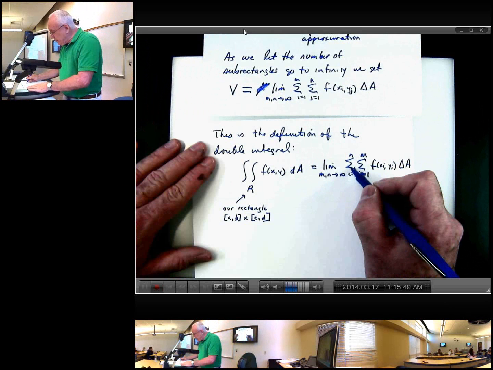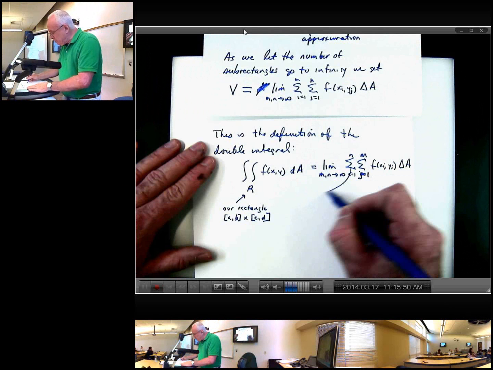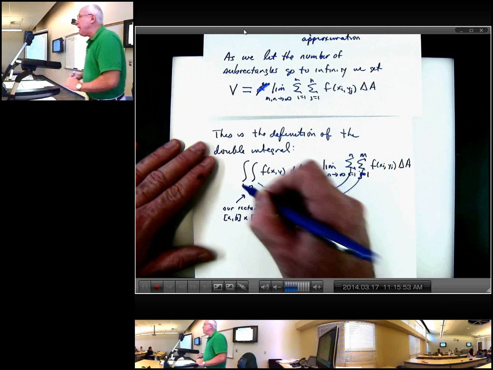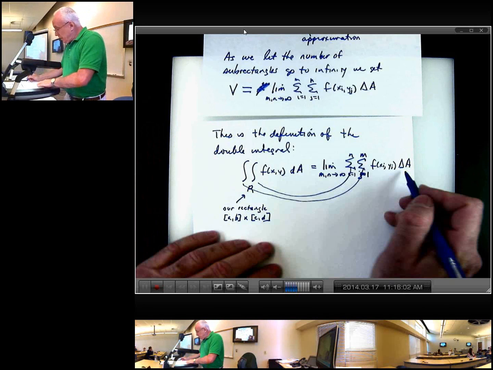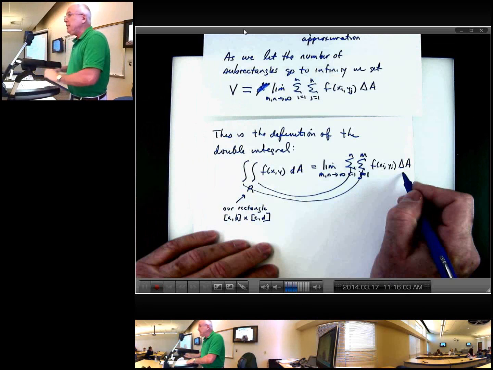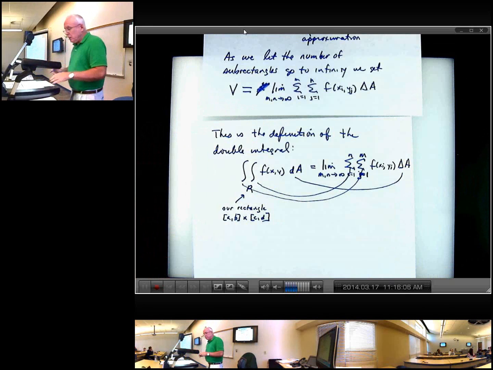The double summations are replaced by the integral sign. So we have a double summation, but now in the limit, we just write the double integral sign. The delta A is replaced by dA.